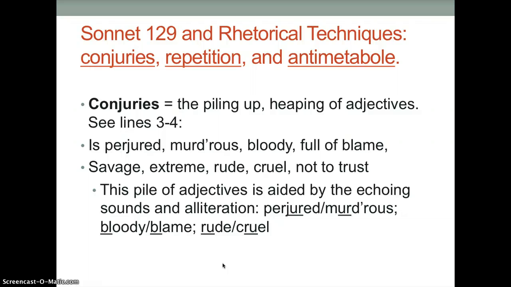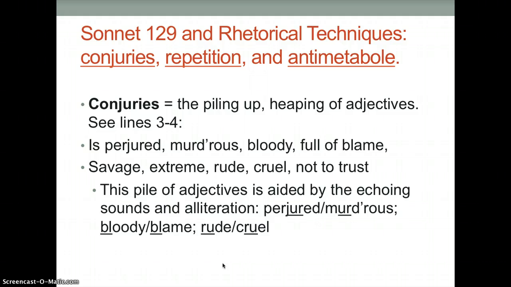The rhetorical techniques he's using are multiple, but the ones I want to focus on are congeries, repetition, and antimetabole. Congeries are merely the piling up or heaping on of adjectives. And so the poem meditates on lust. What is lust? Lust is perjured, murderous, bloody, full of blame, savage, extreme, rude, cruel, not to trust.